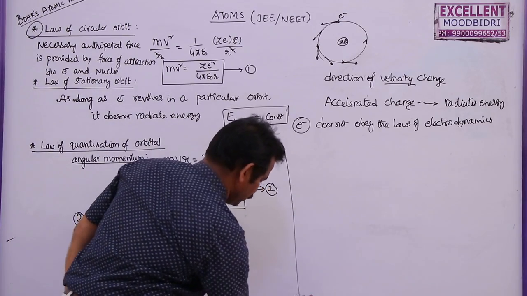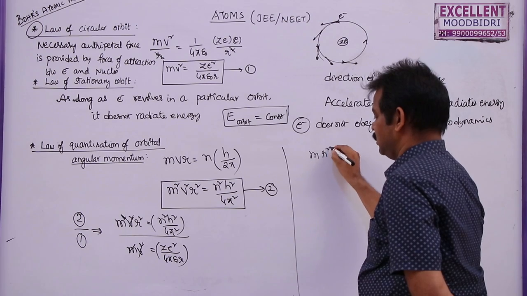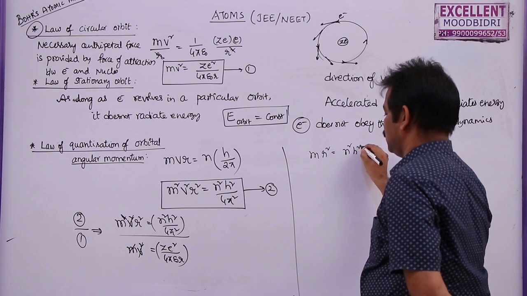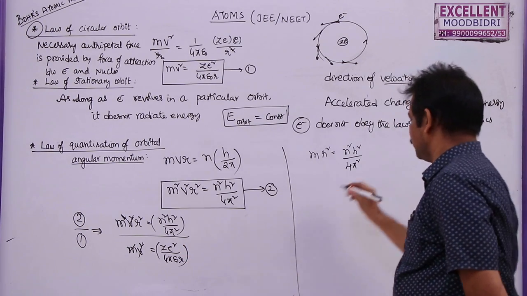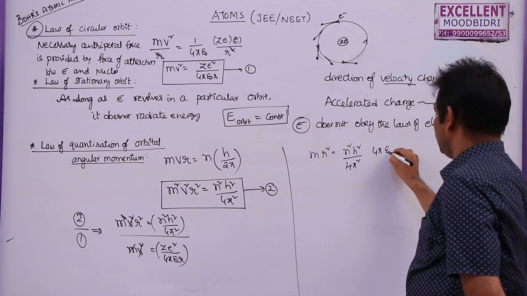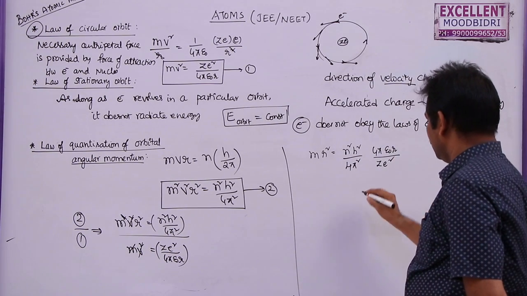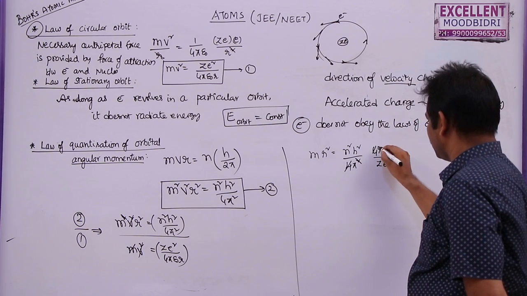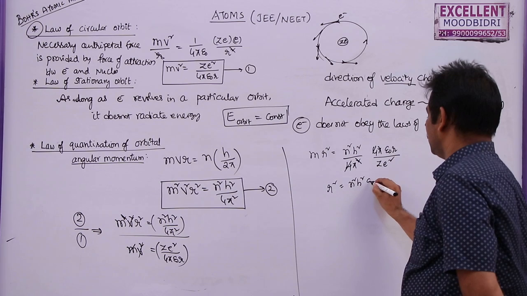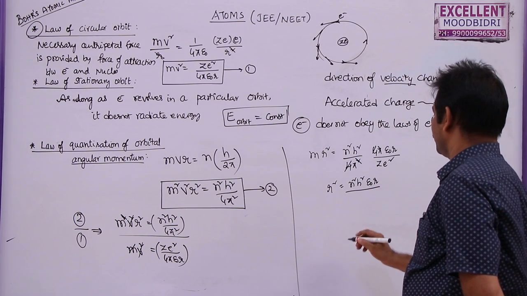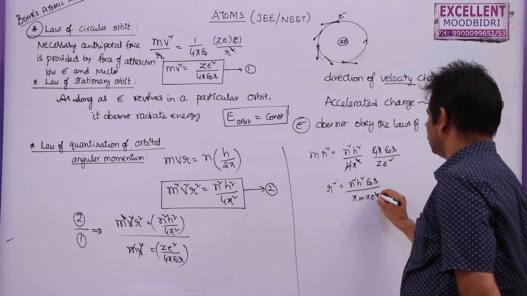So from this I am going to write m r square is equal to n square h square by 4 pi square, multiplied by 4 pi epsilon naught r by Ze square. Here 4 and 4 get cancelled, pi and pi get cancelled. r square is equal to n square h square epsilon naught r by pi m Ze square.